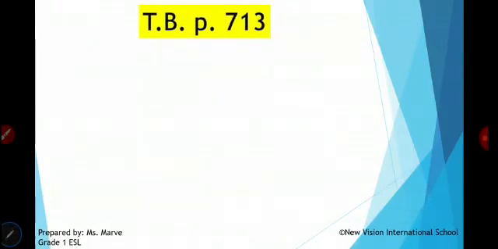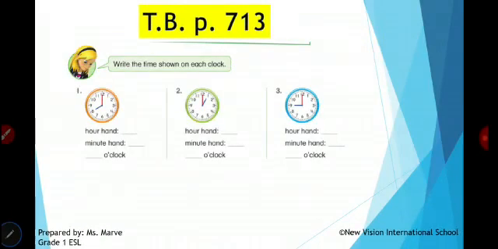On page 713, I want you to answer this. You're going to write the time shown on each clock. The hour hand on number 1 is pointing to 8. So write 8 here. And the minute hand is pointing to 12. Write 12 here. And when you read the clock, it is 8 o'clock.